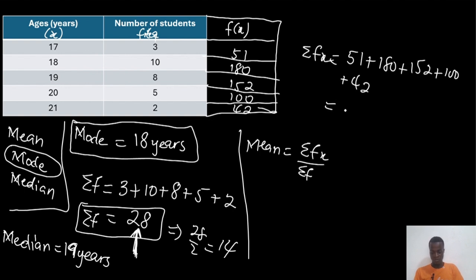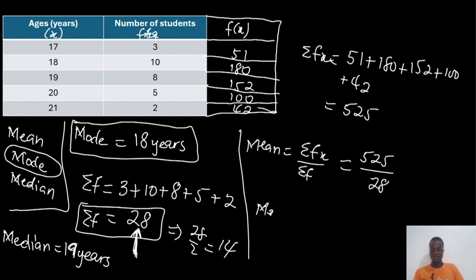You have 525. So we come back to the mean. Mean is equal to sigma fx, which is 525, divided by sigma f, what is sigma f? Sigma f is 28.